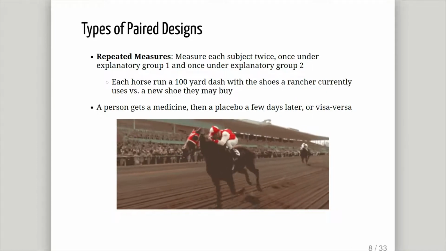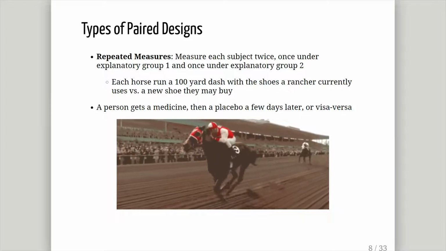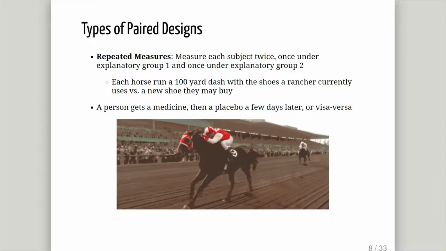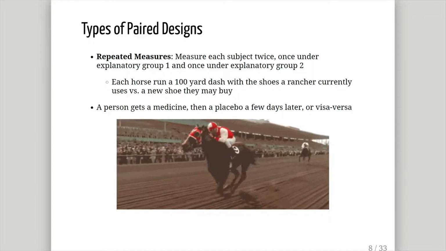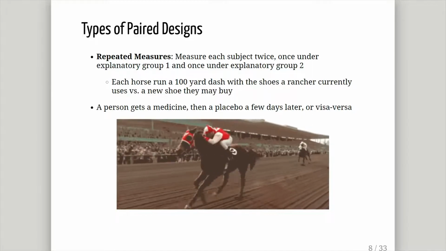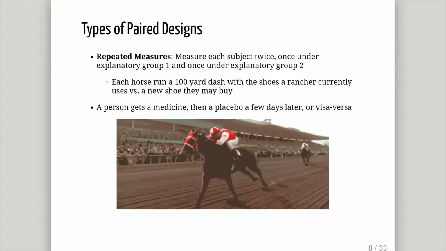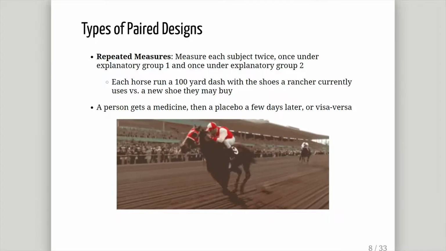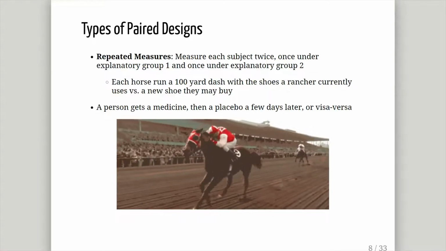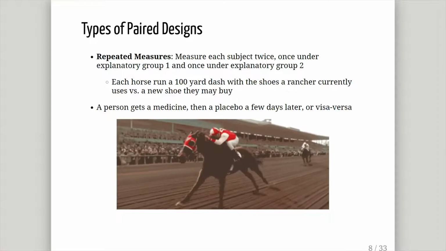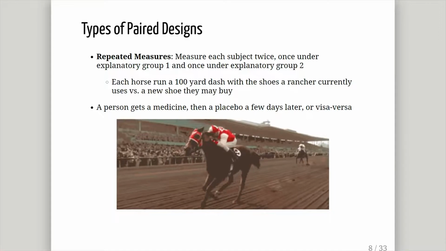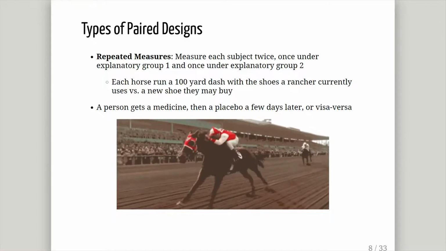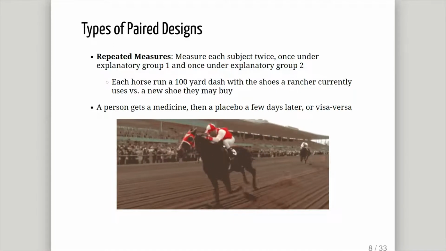What I could do, I could have each of my horses run a 100-yard dash, once with the shoes I'm used to, and then a second time with the new shoes that I may buy. I could compare how fast my horses are by comparing the difference in the 100 yards dash between the old horseshoe and the new horseshoe.